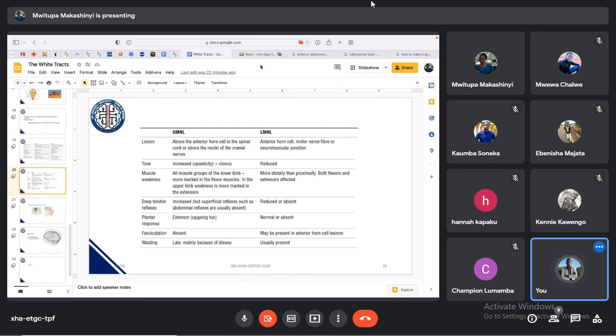And just to contribute to what has already been mentioned, I think this is a very important topic, which covers a lot of information that we would encounter in clinical scenarios. For example, incomplete transection spinal cord injuries such as Brown-Séquard syndrome, where you have an incomplete injury of the spinal cord, with loss of motor function on one side of the body, and loss of sensation to pain and temperature on the other side.